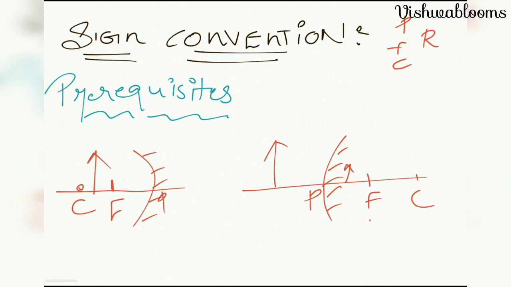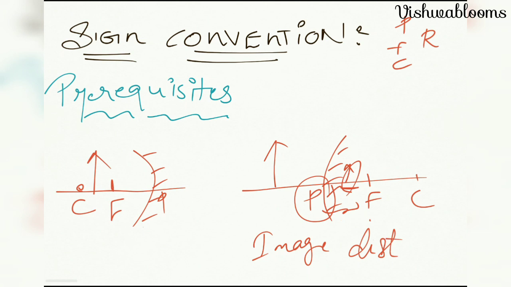The distance from the pole to the image, wherever the image is formed, is called image distance. Similarly, in this concave mirror, the object is placed between F and C, so the image is going to be enlarged, formed beyond C, and very big. That distance from the pole to the image is called image distance, and it is represented by the letter small v.